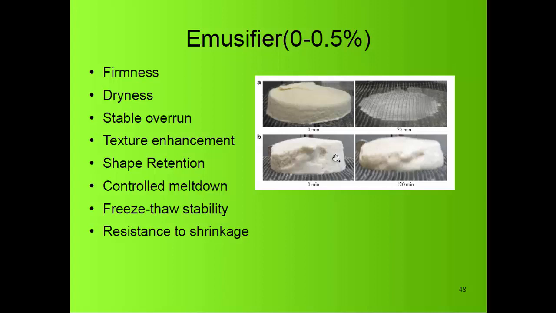I don't know if you've ever had too much ice cream in a bowl and you didn't eat it all, especially out at a restaurant, and suddenly it's sitting on the table and now there's a pool of melted ice cream, right? Which might not be very appealing. So it controls this meltdown. And since it stabilizes the overrun and doesn't let the air leave, it reduces the shrinkage of the ice cream.